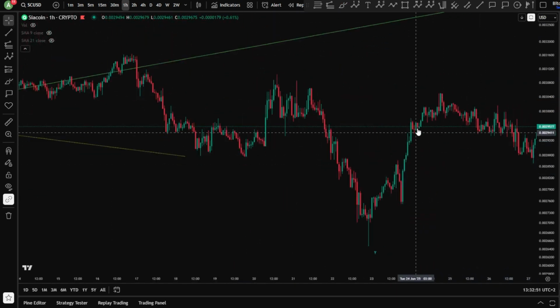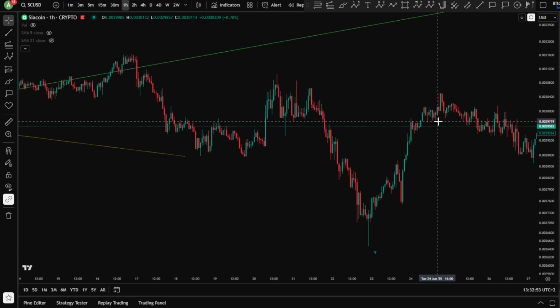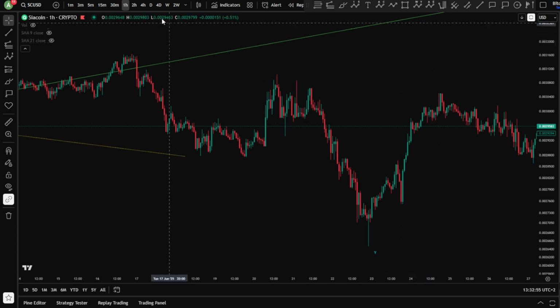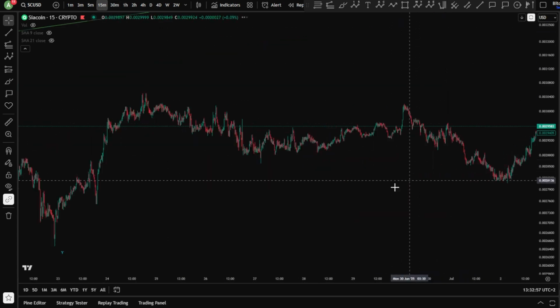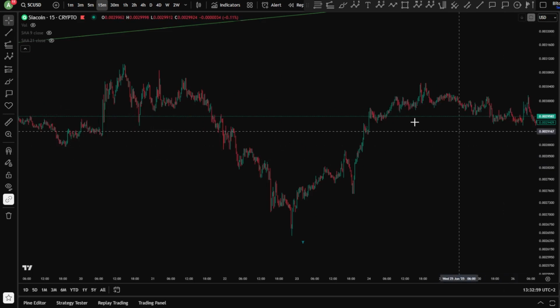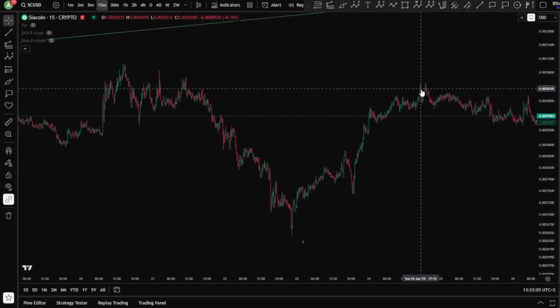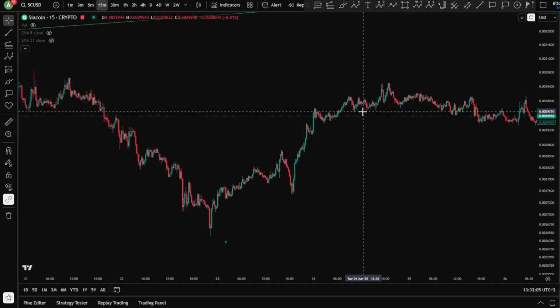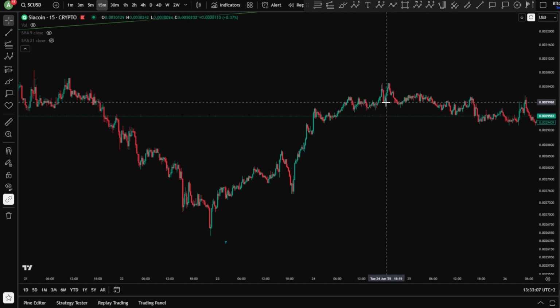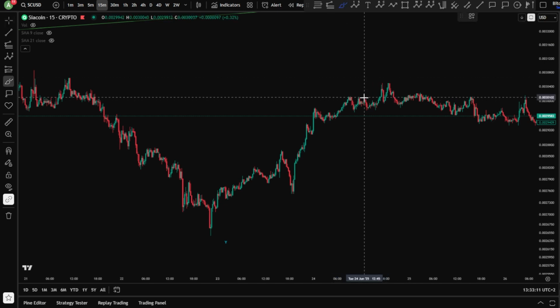Let me check the 15-minute chart. It's very interesting. This is a wave 5: 1, 2, 3, 4. Yes, it can be 1, 2, 3, 4, 5, but this one interferes. It can be an expanding diagonal here. This is a problem with it.